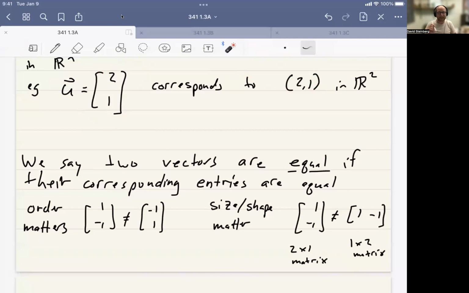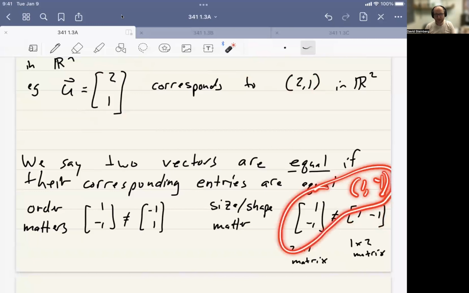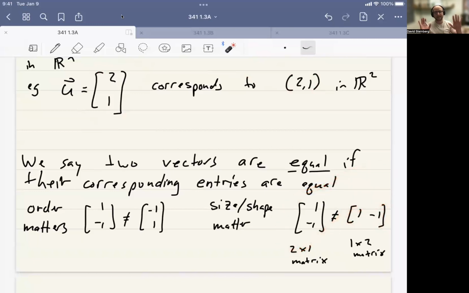We are going to distinguish carefully between row vectors and ordered pairs. These things are equal. But as soon as you change the parentheses and lose the comma, different things. So my apologies if it's confusing. Sometimes that's life. Okay. Good.